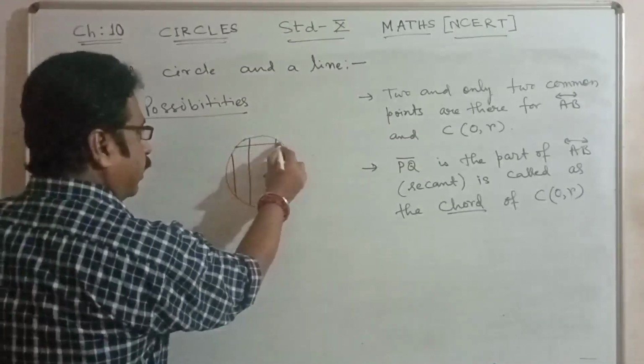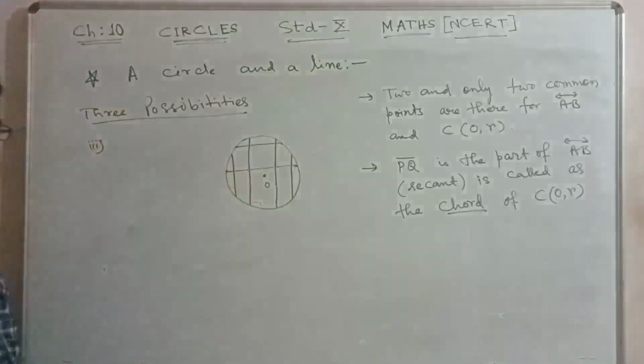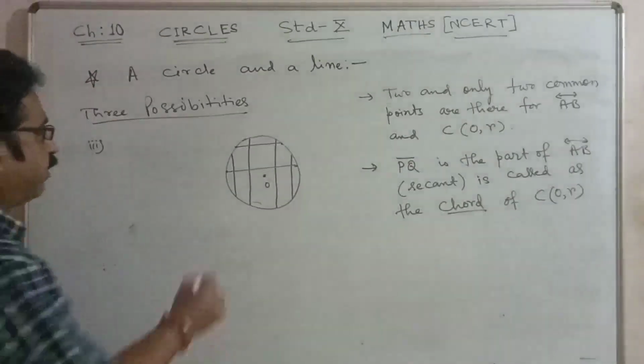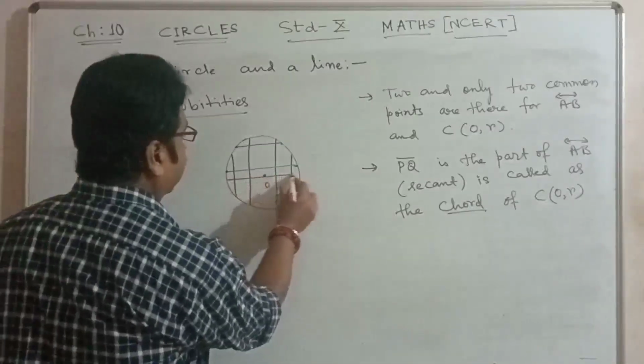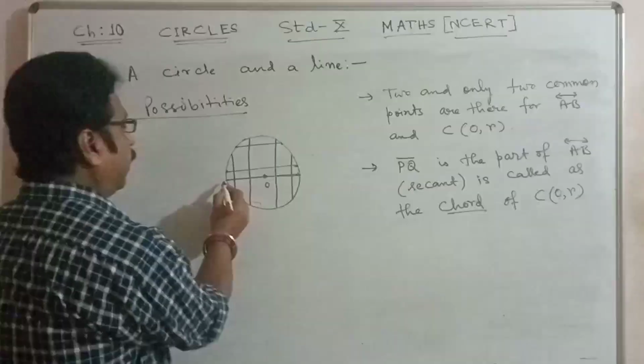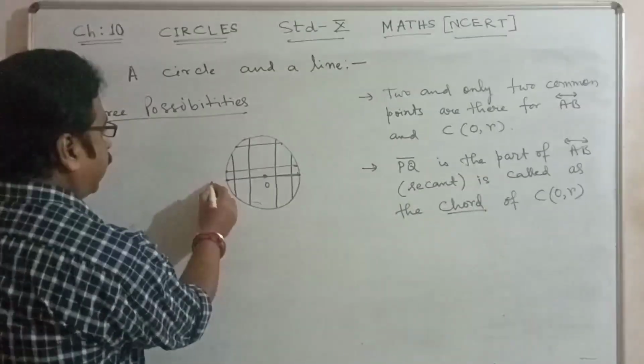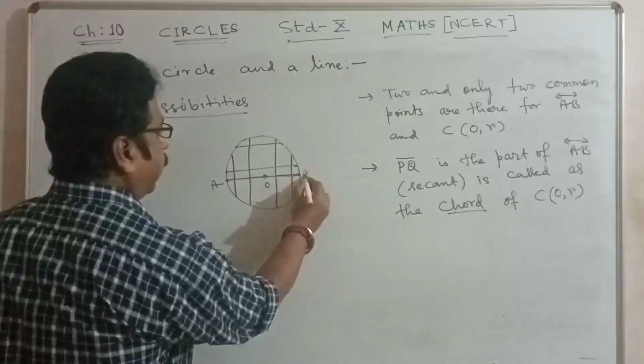But if the chord passes through the center, that chord is the longest chord. Suppose AB.